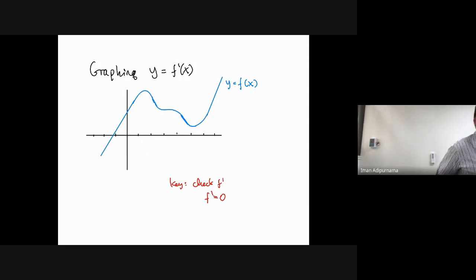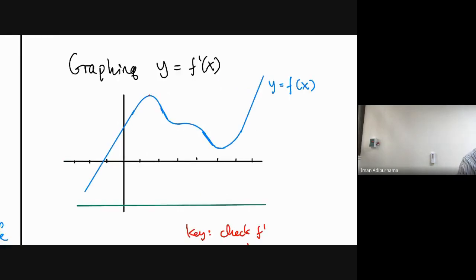To give you a better understanding, I will try to graph the f prime on the same x and y axes. Let me draw the line for checking the sign, and let me mark the f prime. First here, second is here, and the third one is here. So this is f prime is 0, f prime is 0.